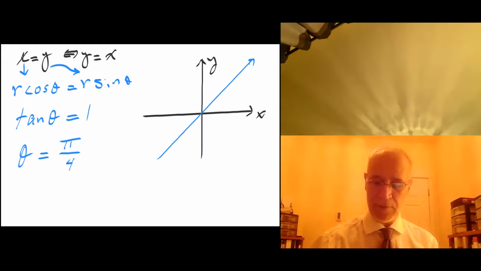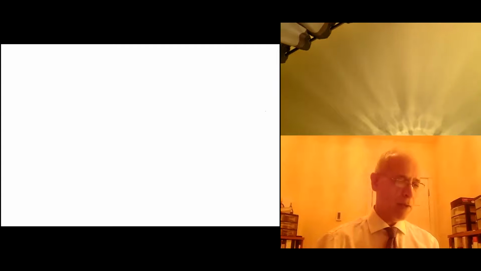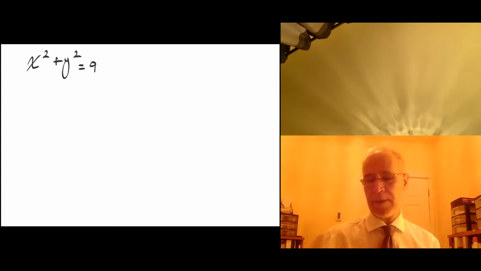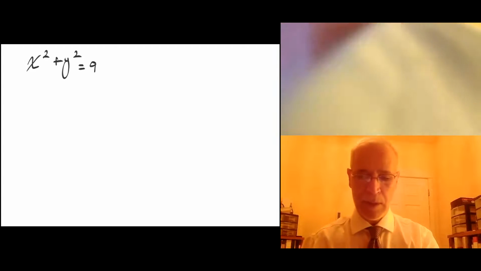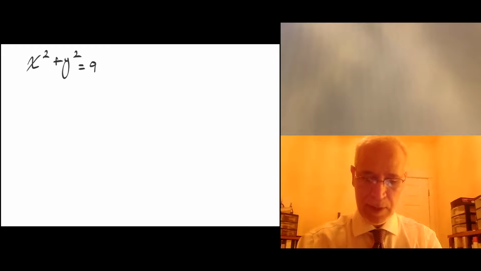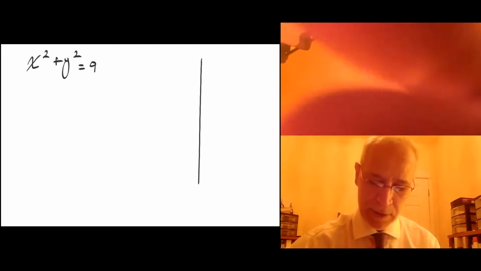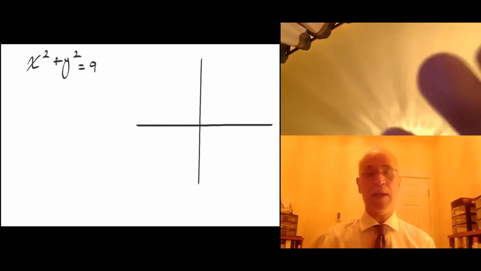Okay, let's do another one. Suppose we have x squared plus y squared equals 9. You probably remember this as a circle with radius of 3 and the center at the origin.